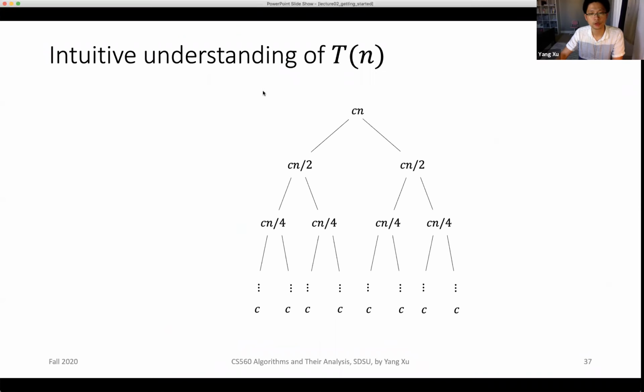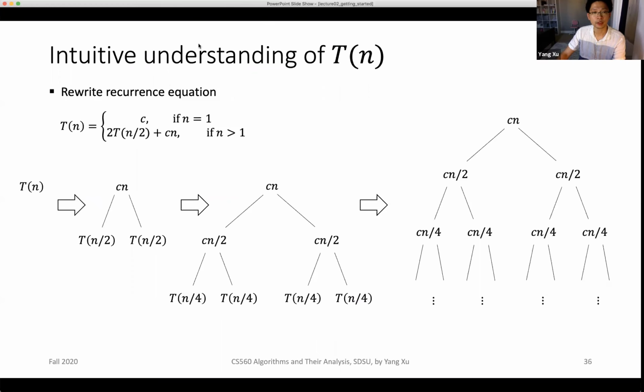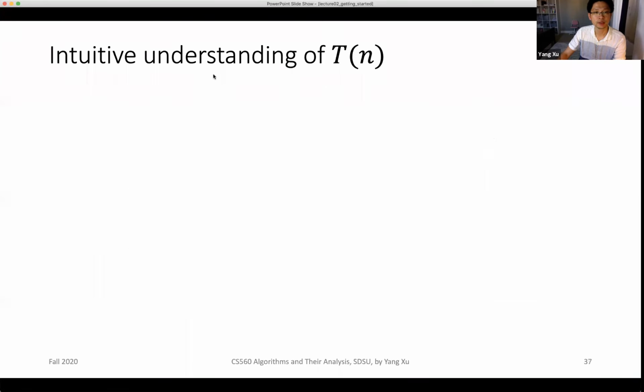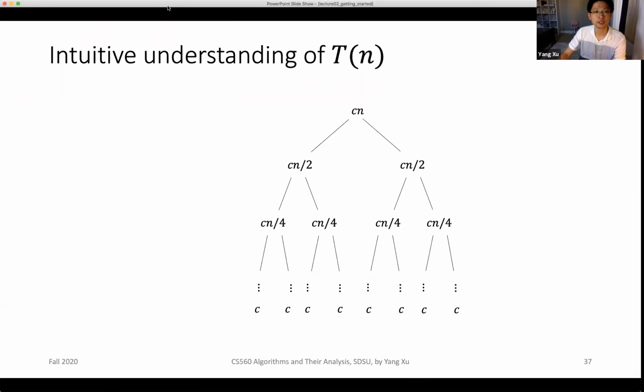Okay, so let's assume that at some point we hit the bottom, and all the subproblems are the smallest and can no longer be divided. The recurrence equation says that in the smallest case, the time for solving it is C. So we can simply put a row of C at the bottom, and these are the smallest subproblems.